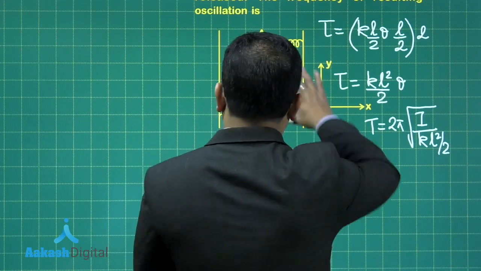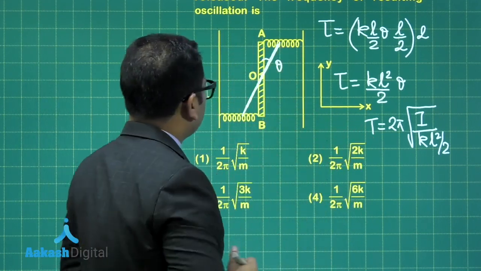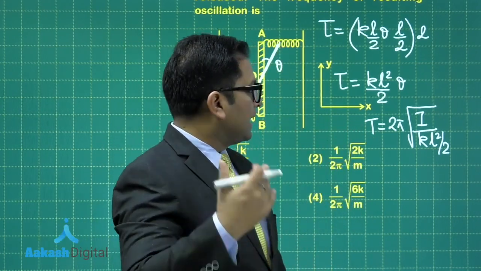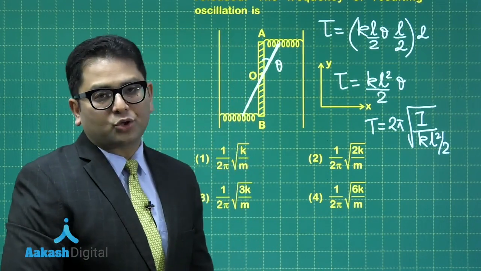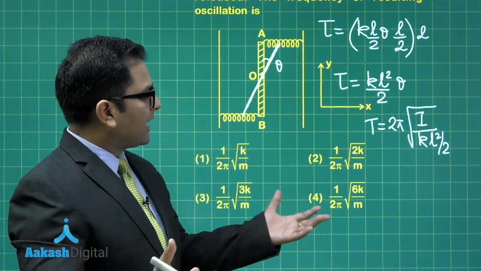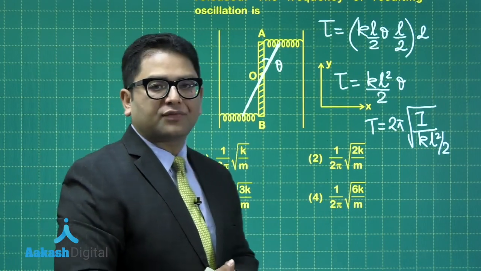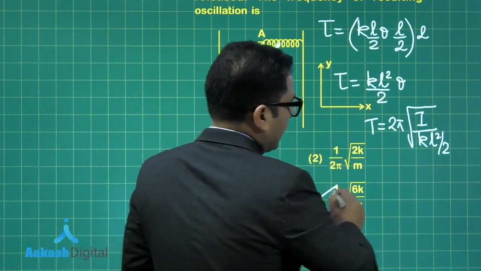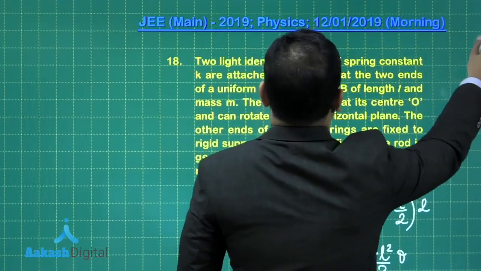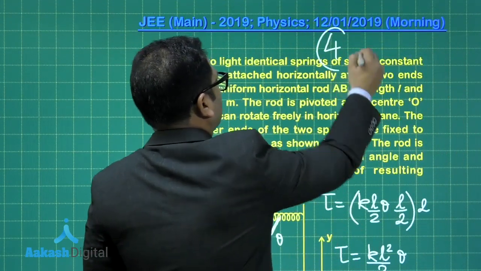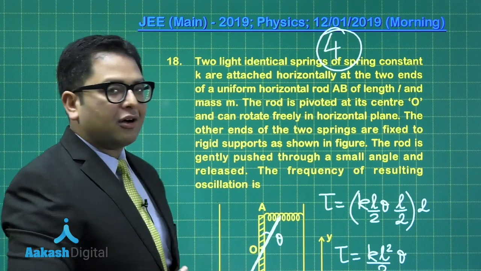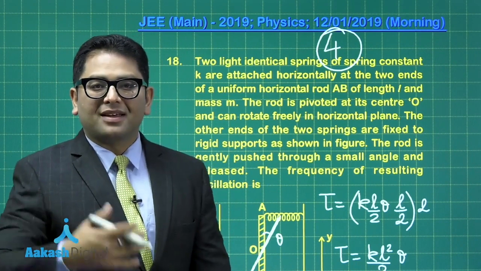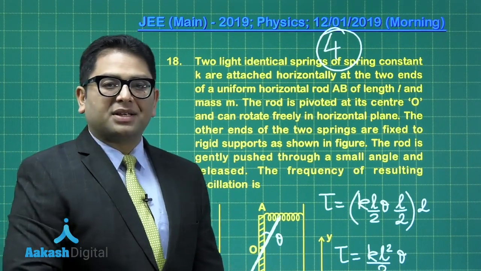Yes, of course, for the given oscillation, the moment of inertia is going to be mL squared by 12. You put the value and calculate the inverse of the time period. That would be the frequency. Your ultimate answer is going to be option number 4, which is the correct option for question number 18. Now let's go to question number 19.